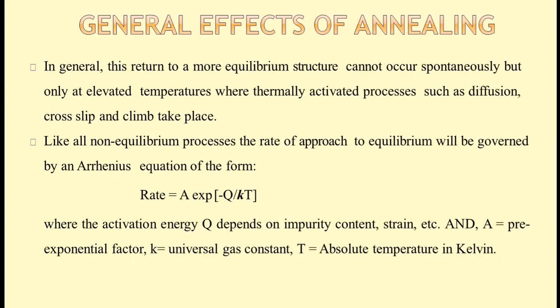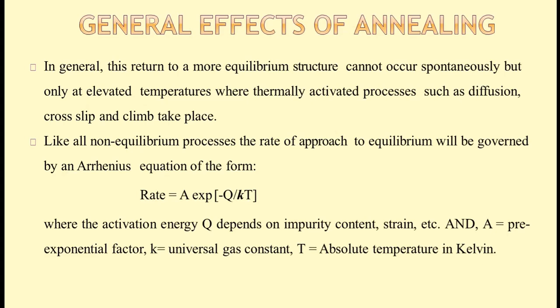In general, this return to a more equilibrium structure cannot occur spontaneously but only at elevated temperature, where thermally activated processes such as diffusion, cross slip and climb take place.